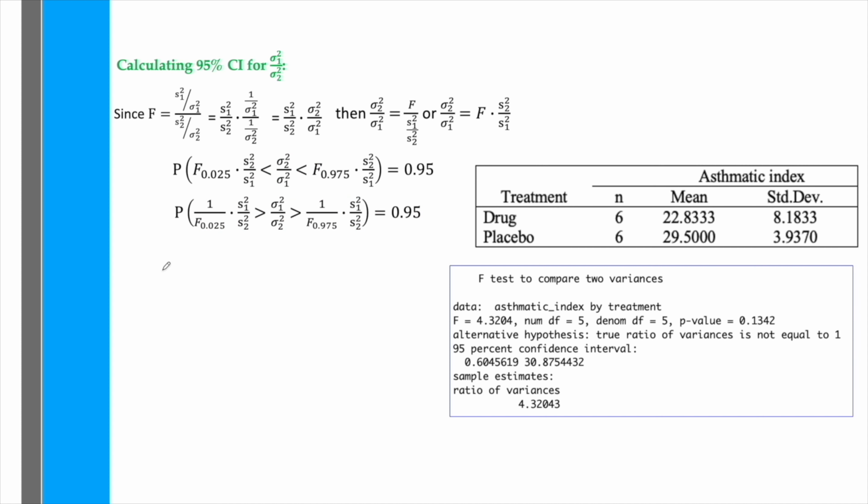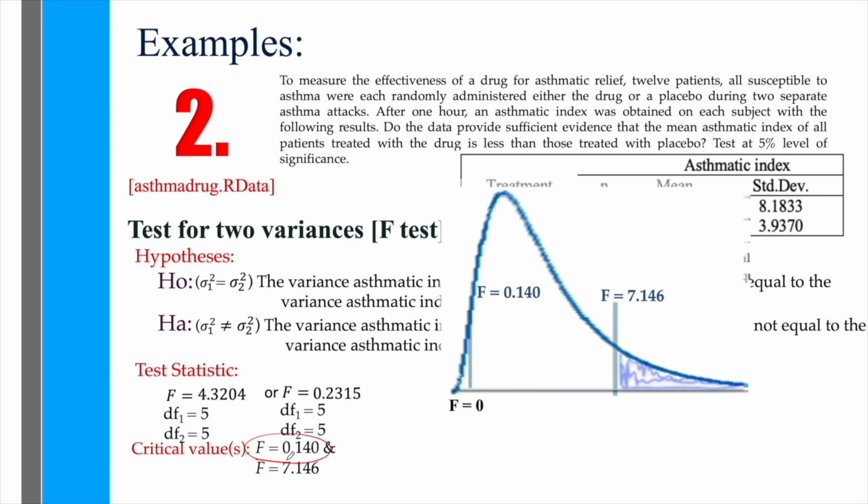Now, in f distribution, if you have df1 and df2, what you must notice is that the reciprocal of the f with cumulative probability of 0.025 is just the f with cumulative probability of 0.975. That is why in the previous examples, the reciprocal of 0.140 is 7.146.